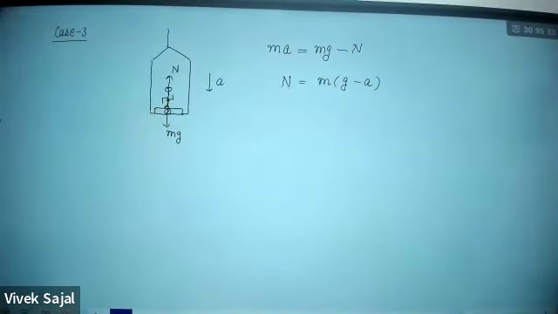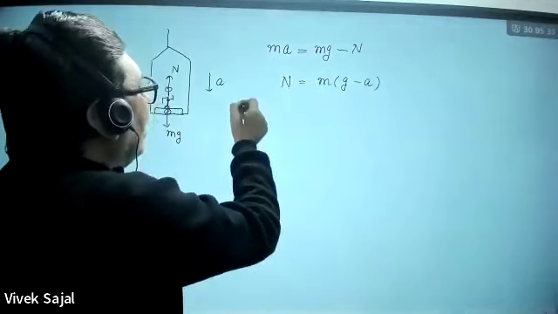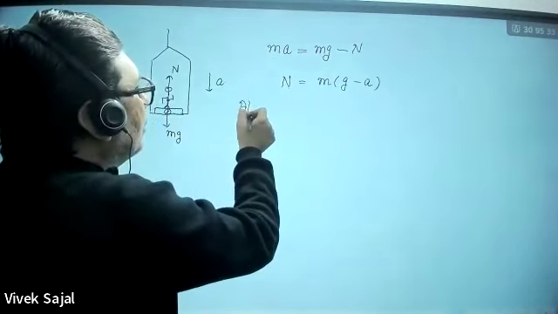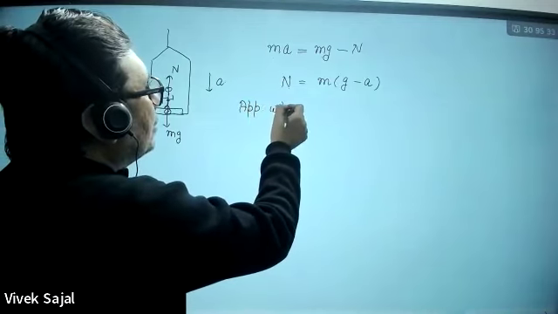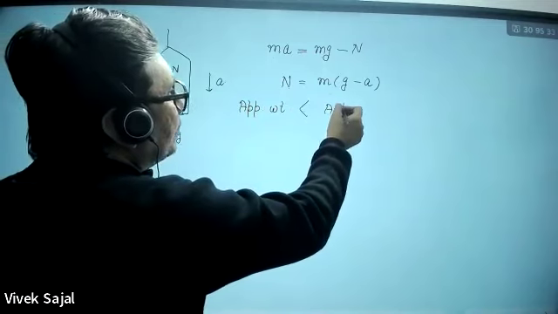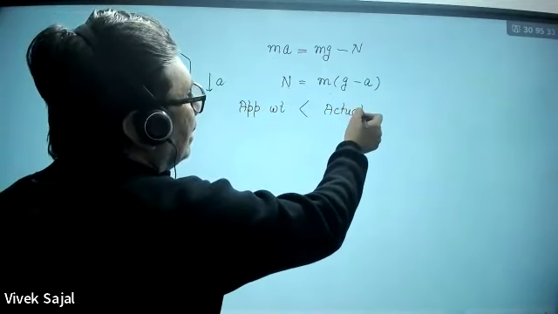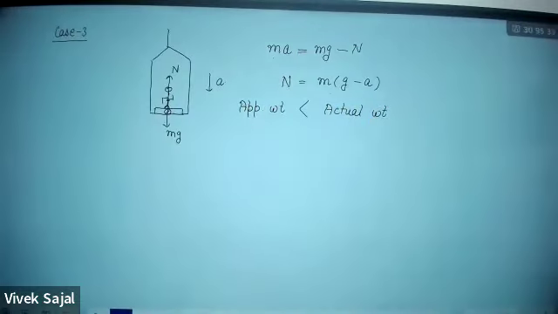That is read by this weighing machine. The weighing machine is going to read this weight only. So the apparent weight of this person will be less than the actual weight. Remember this.